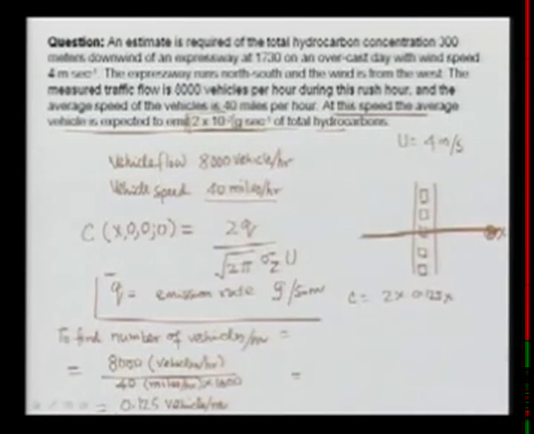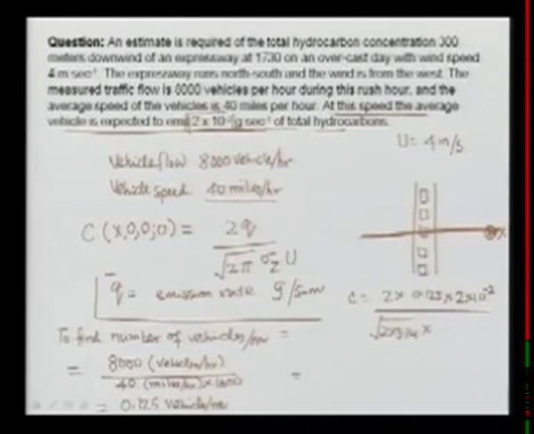So I have only 0.125 vehicle, so I multiply this by 2 into 10 to the power minus 2. This is my Q, divided by 2 into 3.14 times sigma z. I need to find out the sigma z.